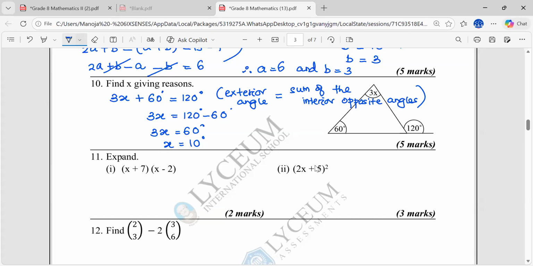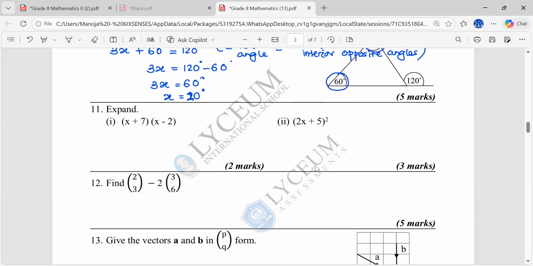That becomes minus 60. 120 minus 60 is 60. And here, this should be 20. 3 times 20 is 60. So find x: 3x is 3 times 20, which is 60. So this 60 and this 60 add up to 120.